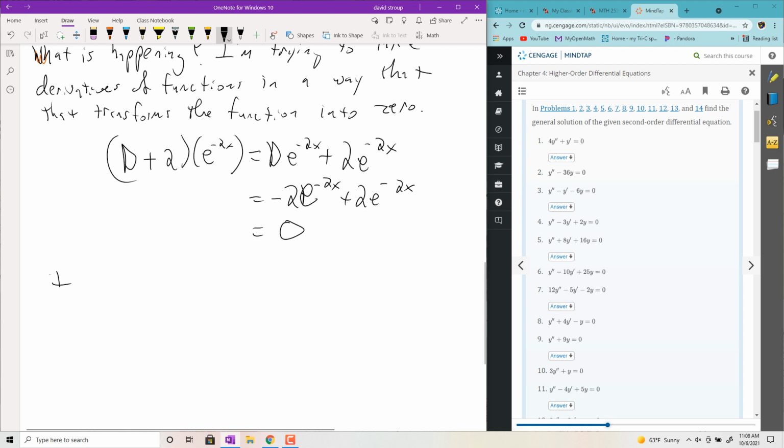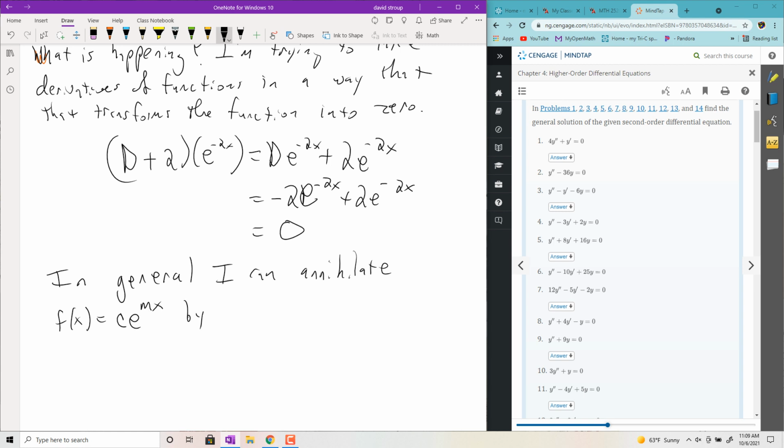In general, I can annihilate any exponential function just by using a D plus or minus m, depending on what your exponent is. So in general, I can annihilate a function f of x equals c e to the mx by using D minus m.